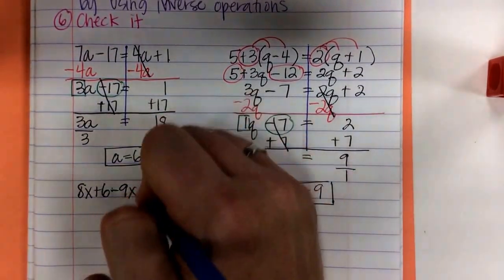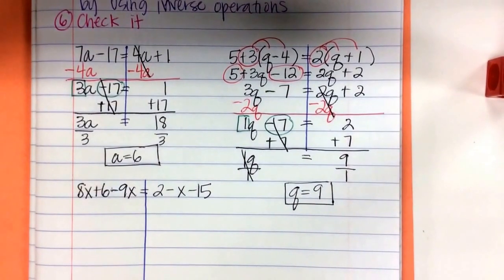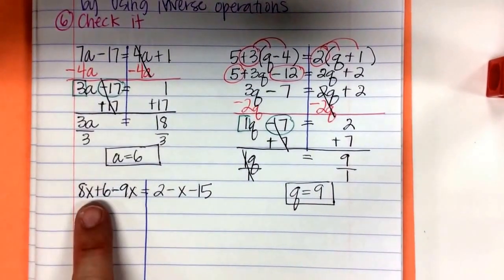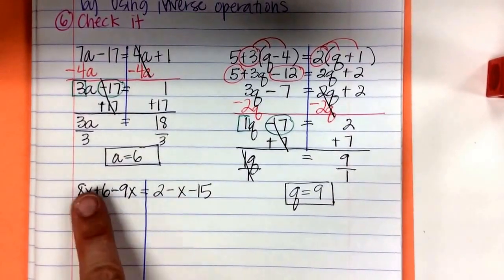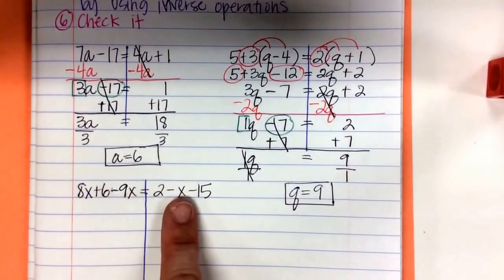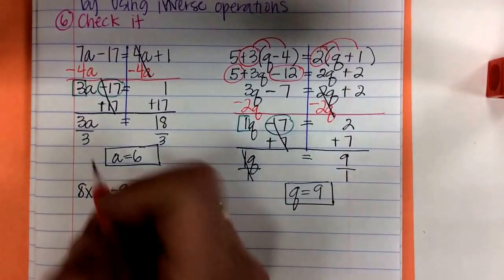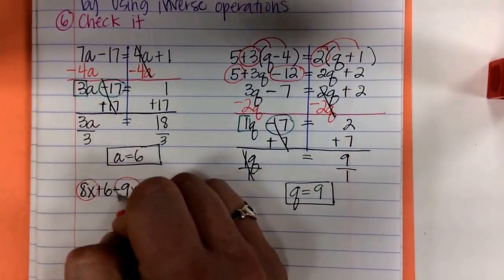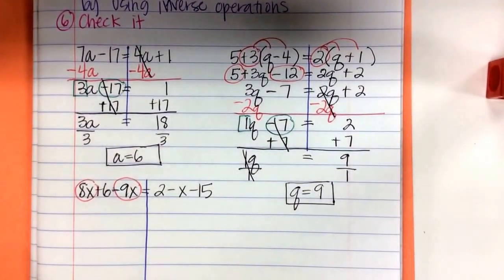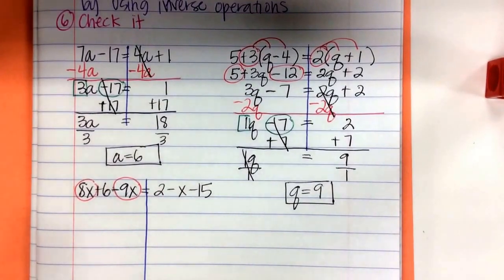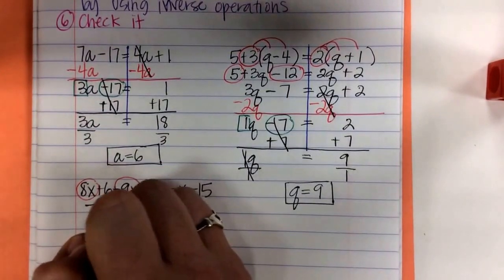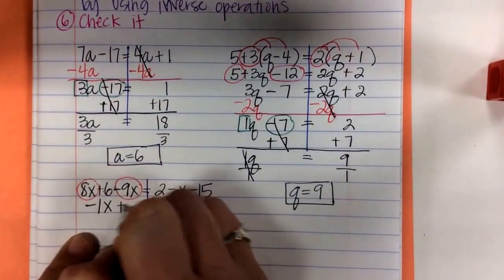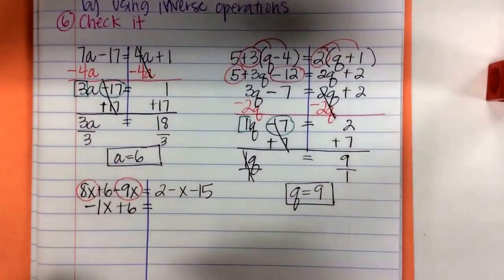Draw your line down the equal sign. Are there parentheses? No, so I don't have to distribute, but do I need to combine like terms? Yes. 8x minus 9x is negative 1x plus 6 equals.